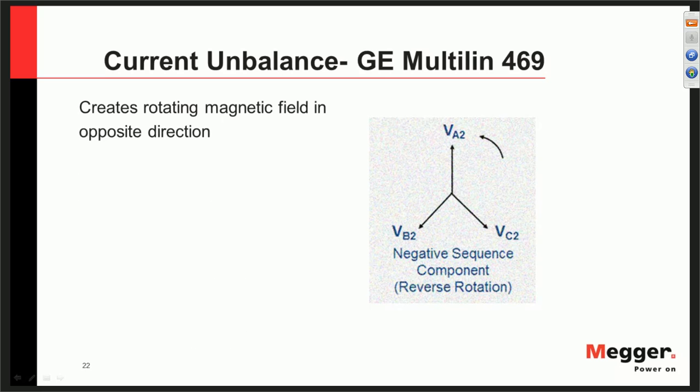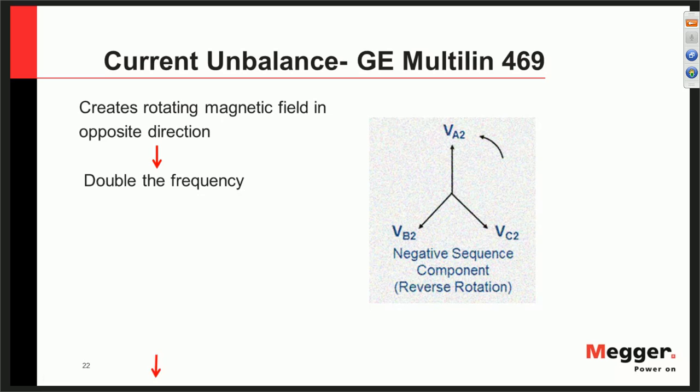According to the logic of sequence components, we can say that negative sequence component will be creating a rotating magnetic field in the opposite direction. And because of that opposite direction rotating magnetic field, people studied and did a lot of analysis and found that it was having double the frequency.